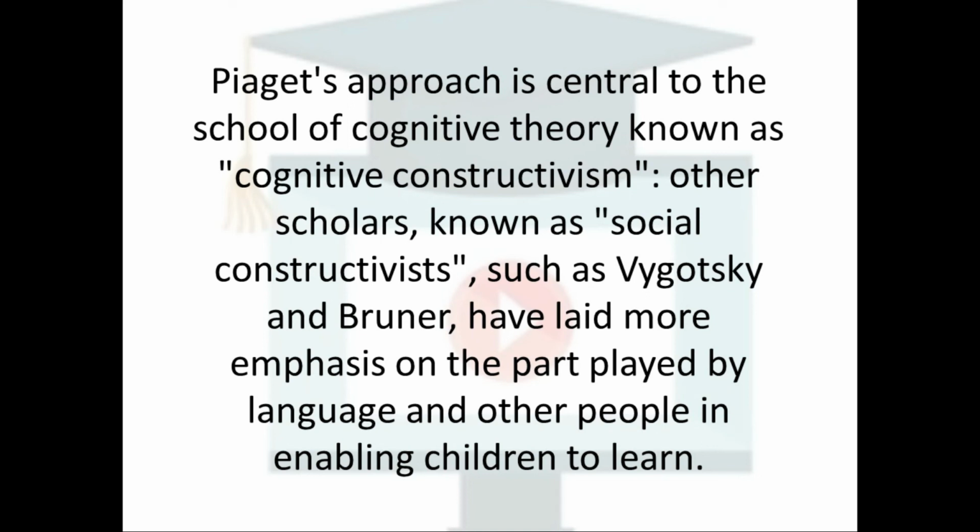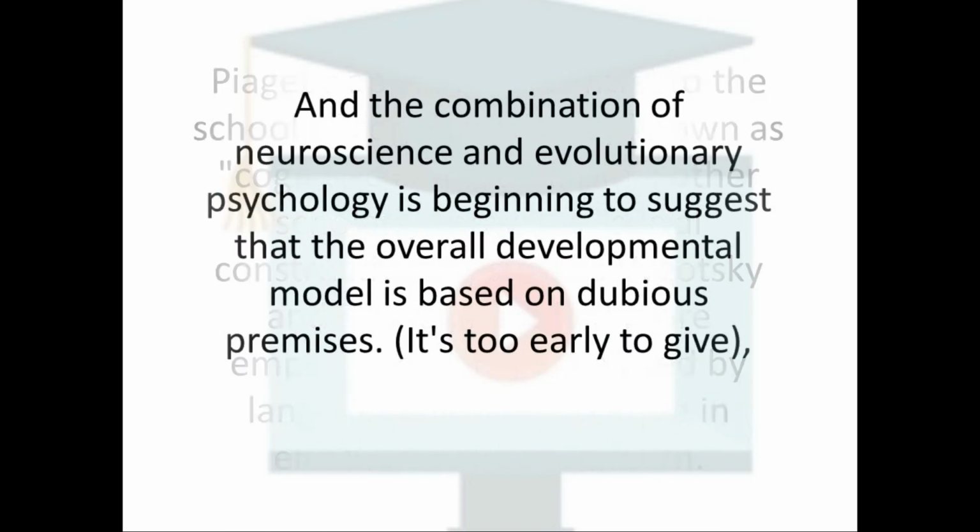Other scholars, known as social constructivists, such as Vygotsky and Bruner, have laid more emphasis on the part played by language and other people in enabling children to learn. And the combination of neuroscience and evolutionary psychology is beginning to suggest that the overall developmental model is based on dubious premises. It's too early to give.